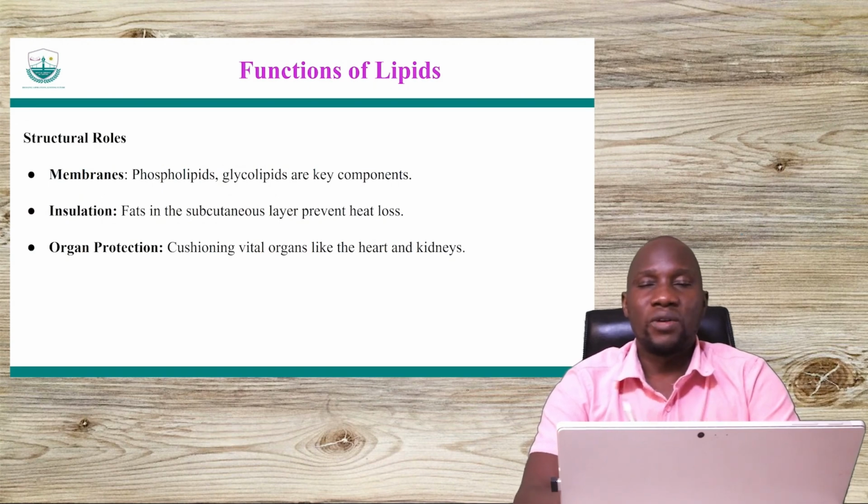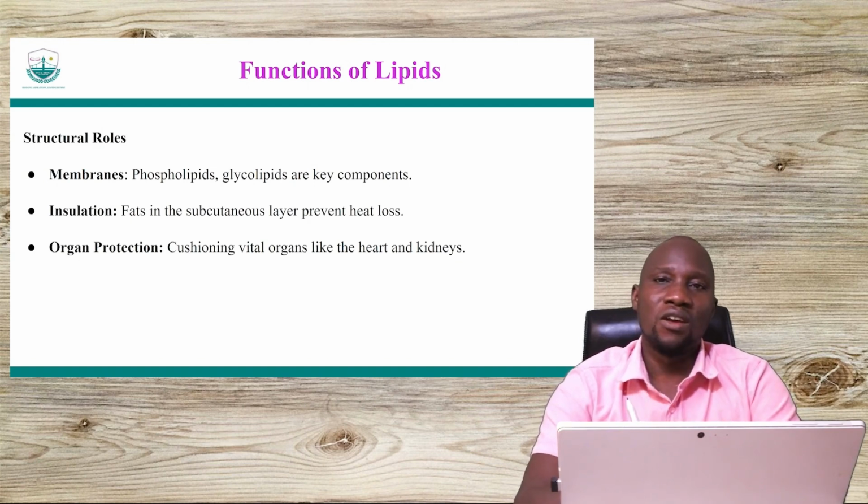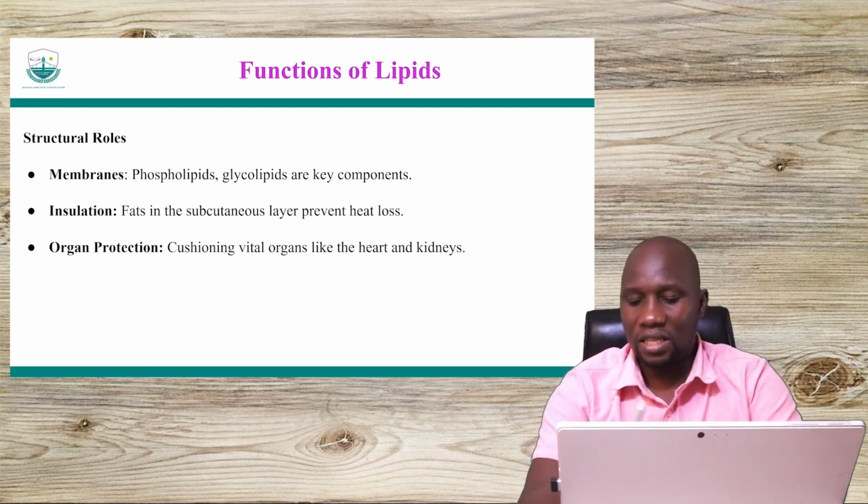And then we already noted that phospholipids, glycolipids, and lipoproteins are actually components of the cell membrane. And then lipids are very important for insulation. And then also we have lipids around body organs, and this is basically for protection purposes, providing that cushion.